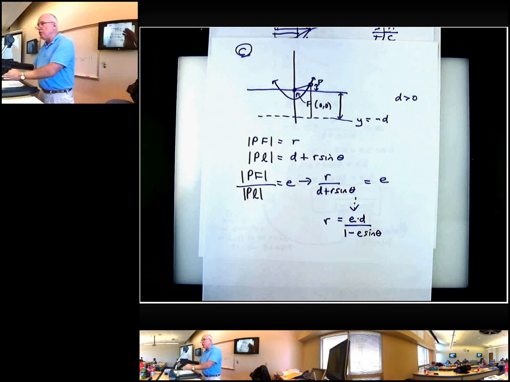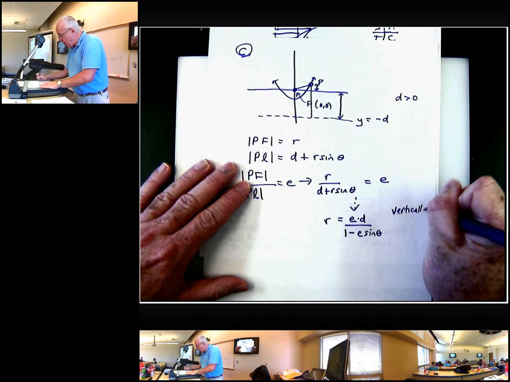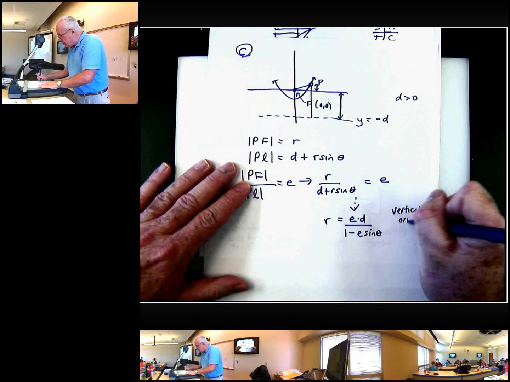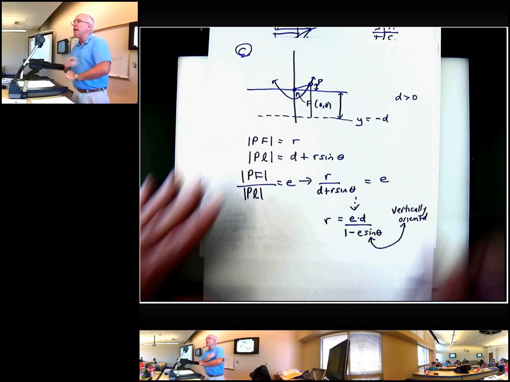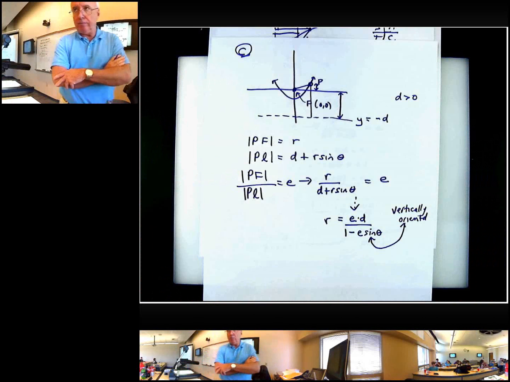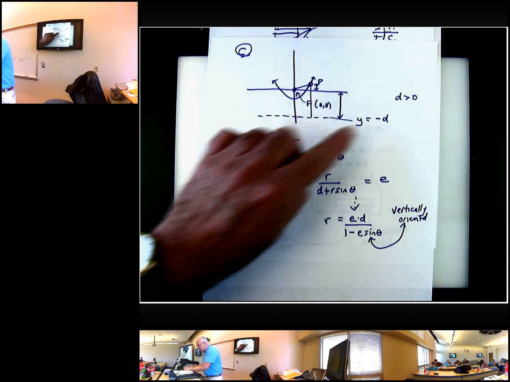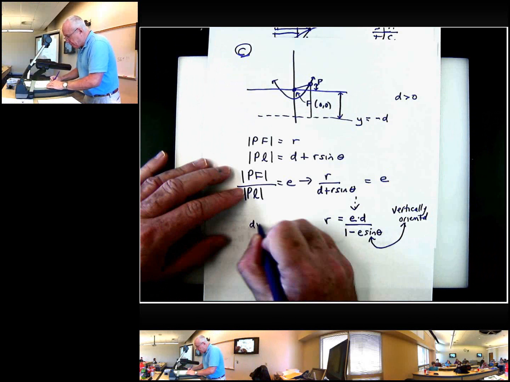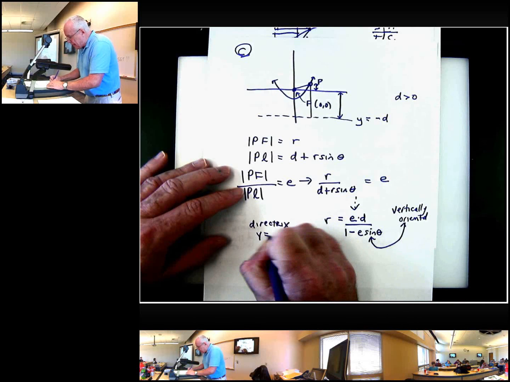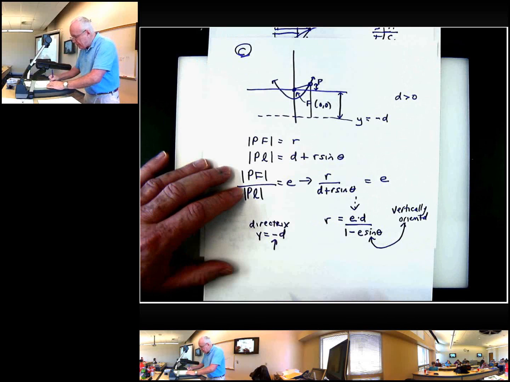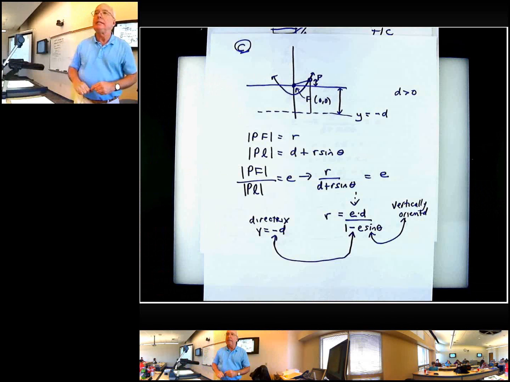Now, this is a vertically oriented conic section, so we want to remember that we connect that in our minds with the sine, which is connected with the y-coordinate. Our directrix in this case is y equals minus d, and that is connected with the minus that we have down below in the denominator.